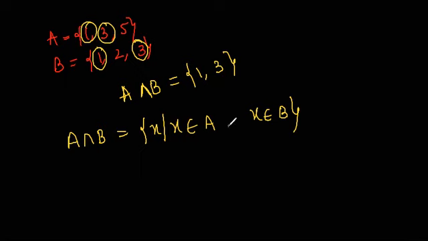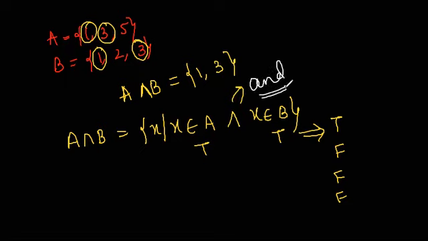That is, we will be using the connective AND. X should be both in A and B. If both of them are true, then only true. Otherwise, all the other cases will be false. So we will be using the connective AND for intersection. Okay.